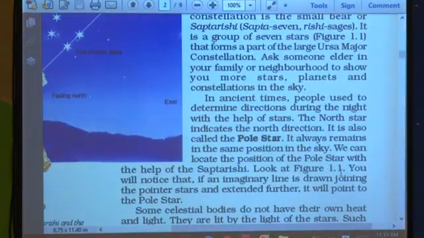Look at figure 1.1. You will notice that if an imaginary line is drawn joining the pointer stars and extended further, it will point to the pole star like this, children. If we draw an imaginary line from here, then it will extend to our pole star.